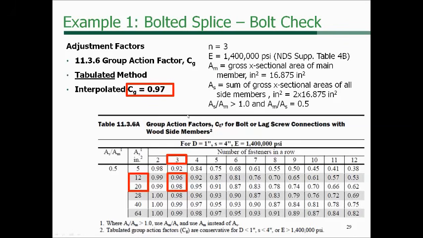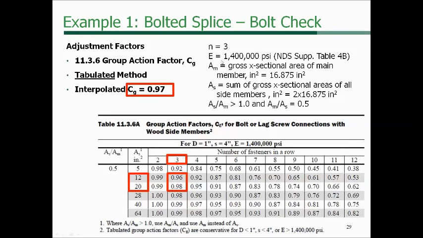If you don't want to use the equation, there are actually tables in the NDS, and based on the number of fasteners in a row, which in our case is going to be 3 in each row. We've got 6 on either side of the splice.